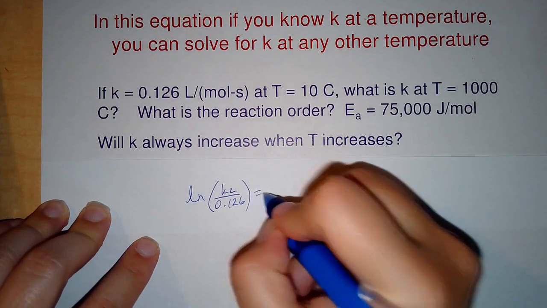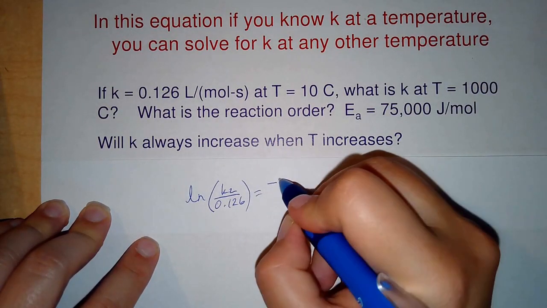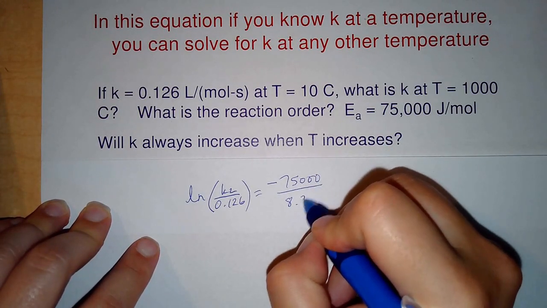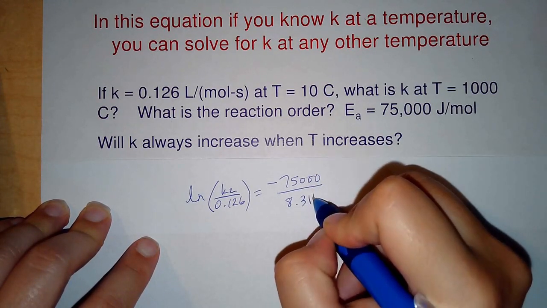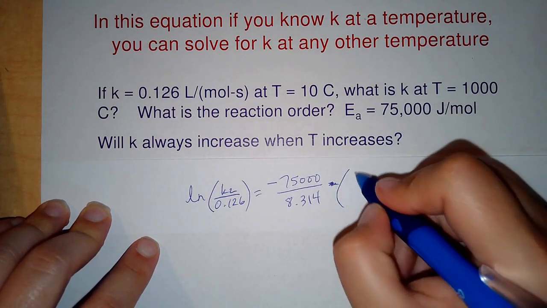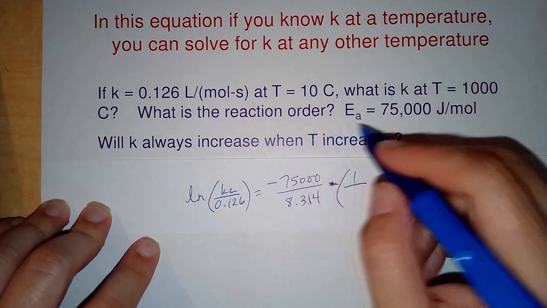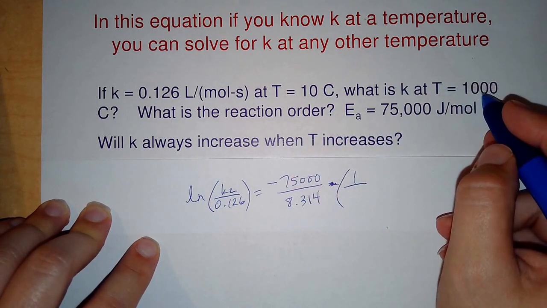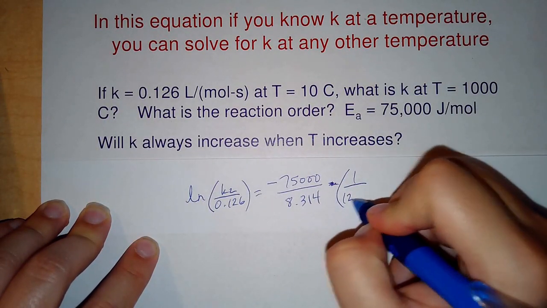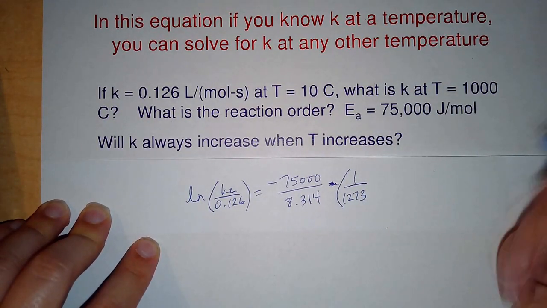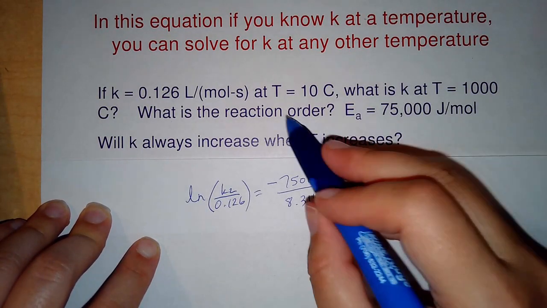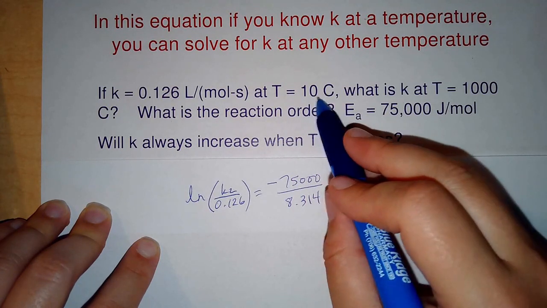Since I'm using joules, I'm going to use 8.314 for my R, times 1 over T2, which is going to be the 1000 degrees Celsius, which we want to turn to Kelvin, minus the temperature at the first, K1 was 10 degrees Celsius, which is 283 in Kelvin.